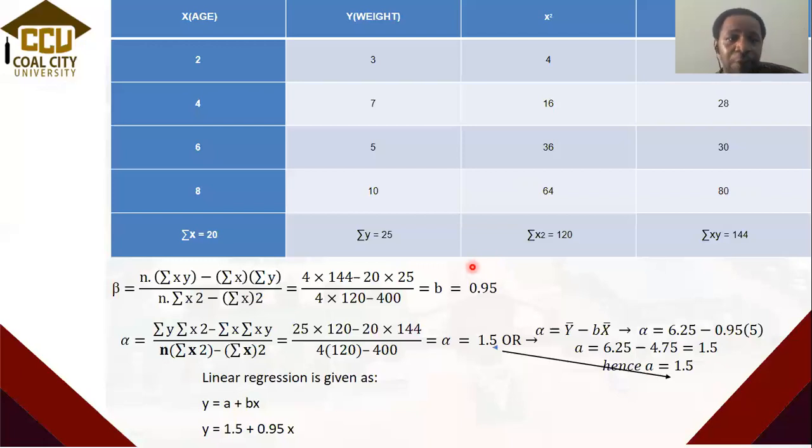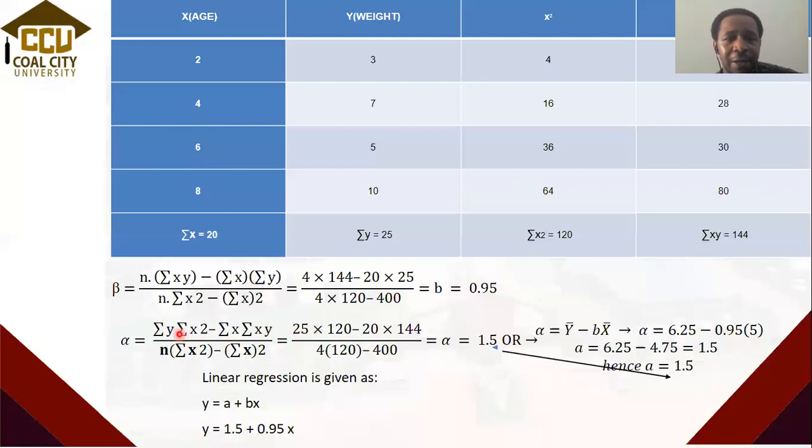I hope you're following. Now the next one is to look for our intercept, denoted here by alpha. The formula for deriving that is summation y into summation x squared minus summation x into summation xy, divided by n into summation x squared minus summation x raised to the power of 2.